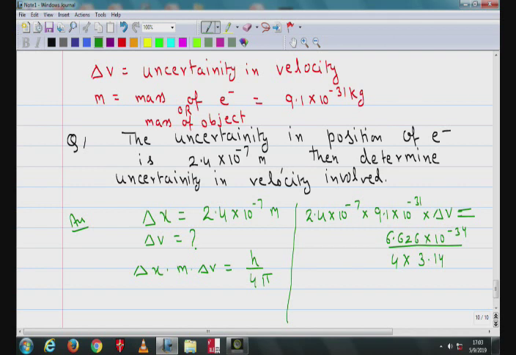One answer is 1.4 into 10 to the power minus 4. Okay, we have got one answer. Shillong, what's your answer, guys?